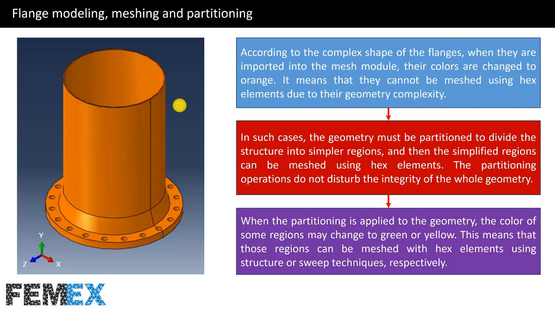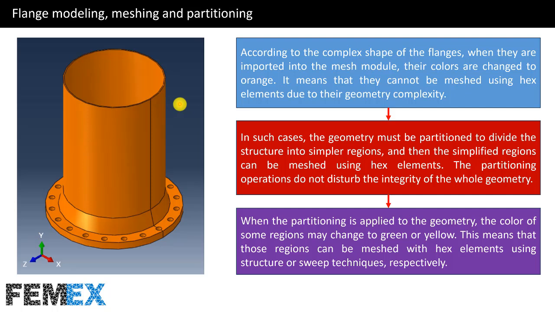Basically, we must do surface and cell partitionings to divide the original geometry into simpler geometries, and then these regions can be meshed using hex elements, and the color of them will change to green or yellow. When the partitioning is applied to the geometry, the color of some regions may change to green or yellow.